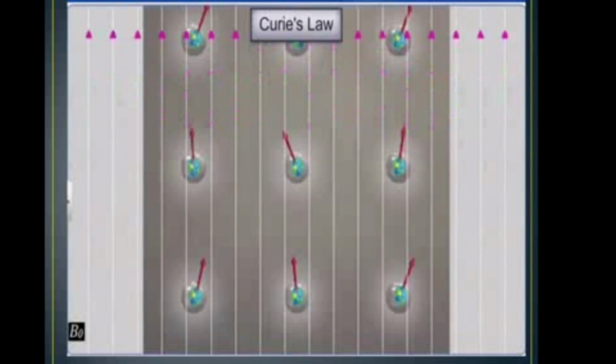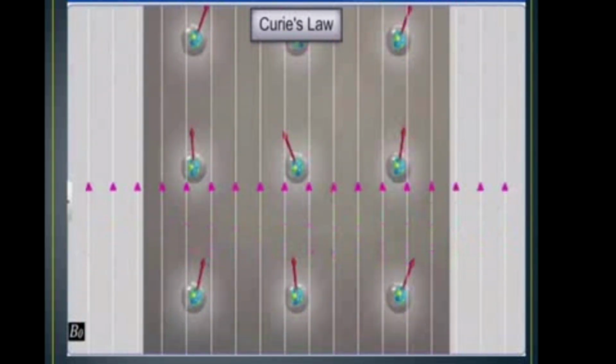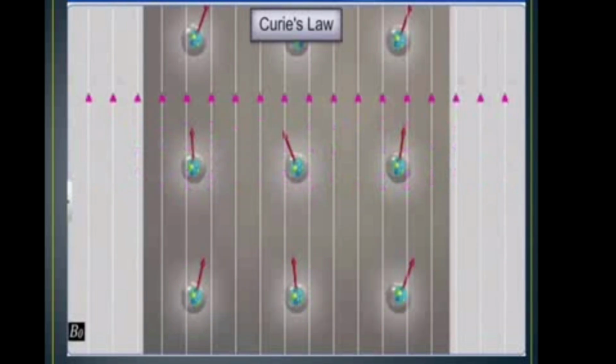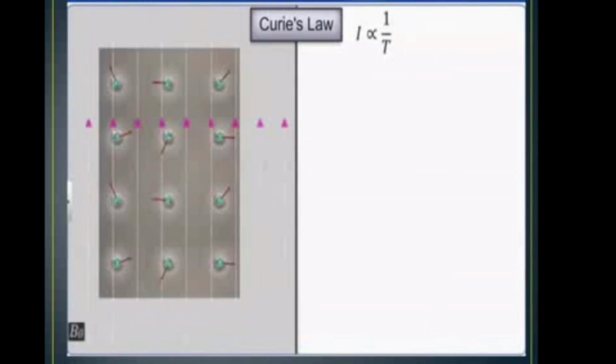That means as temperature increases, the paramagnetism decreases. This can be explained by Curie's law: the susceptibility is directly proportional to 1 by T, so magnetization and temperature are inversely proportional to each other.